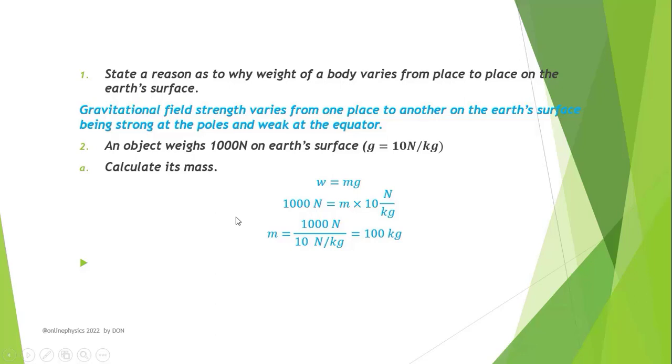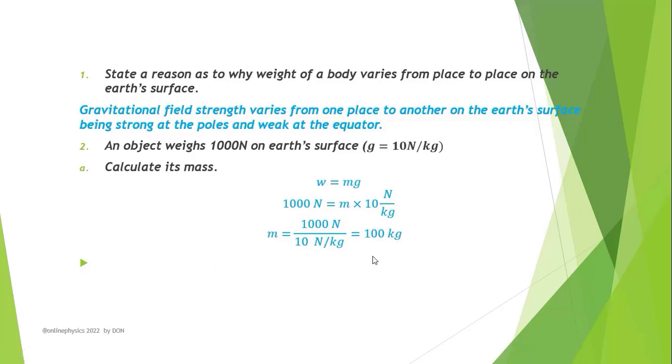Already we've said weight is equal to mass times g. Substituting in this formula, we have 1000 N is equal to m times 10 newtons per kilogram. Dividing through and making m the subject, we are going to have 100 kilograms as the mass of the object.